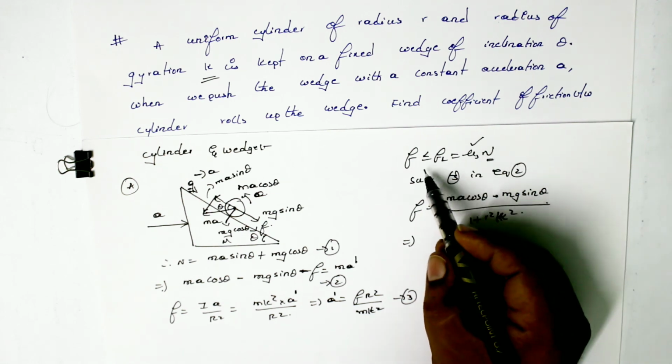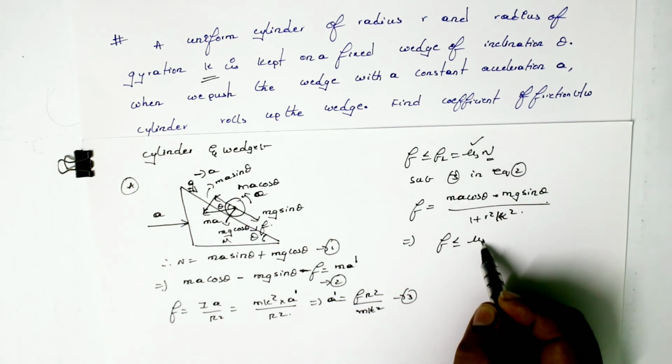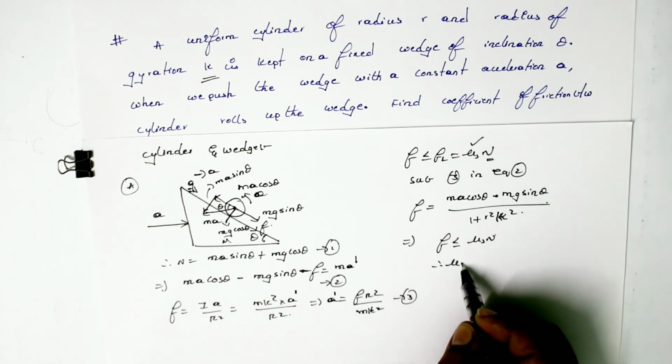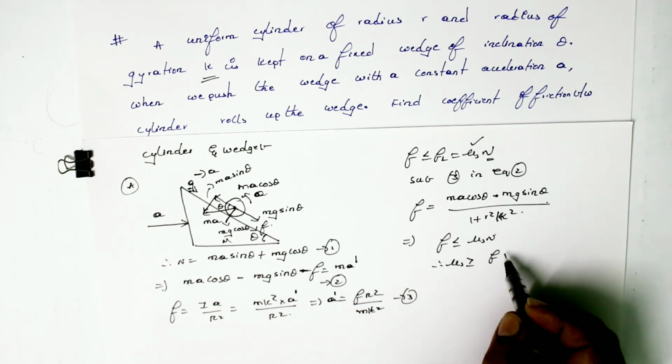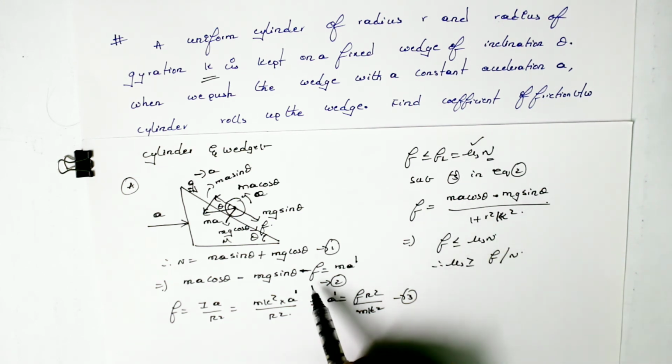So for a body to roll, this condition should be satisfied: F should be less than or equal to mu s into N. Therefore, mu s should be greater than or equal to F divided by N. We have the equation for F, and the equation for N also.